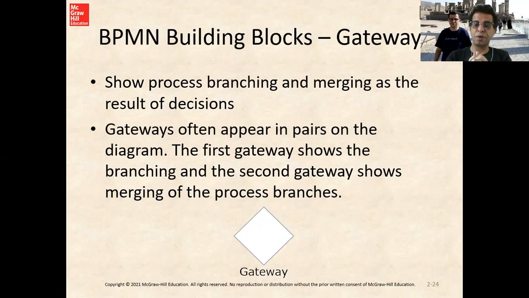Gateways often appear in pairs on the diagram. The first gateway shows the branching, and the second gateway shows the merging, if we are talking about different branching and merging processes.